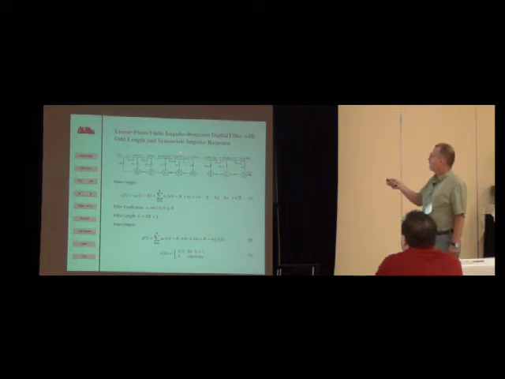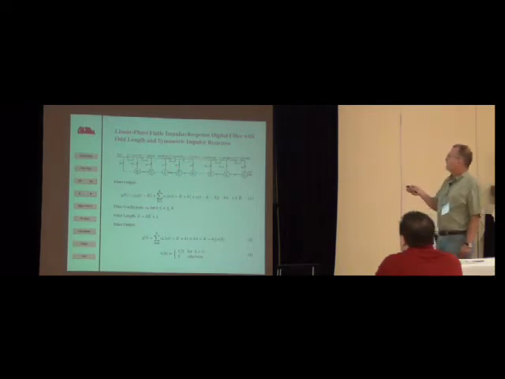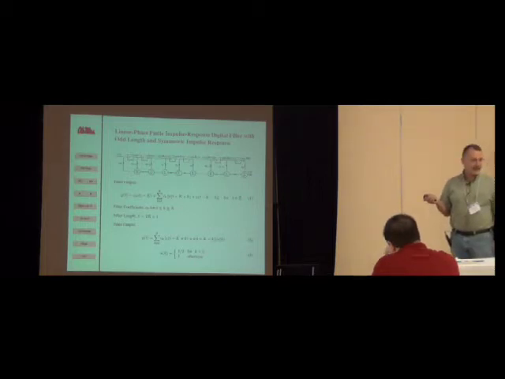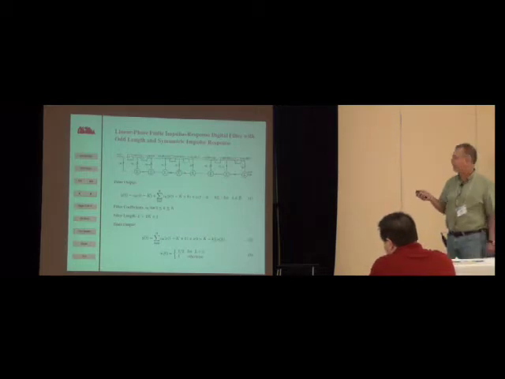So this is C0 in the middle. C1 is a coefficient on either side. And this odd symmetry guarantees the linear phase of your transfer function. So I picked a topology that guarantees the phase I want. What I'm left to design is the magnitude or the amplitude of the transfer function.